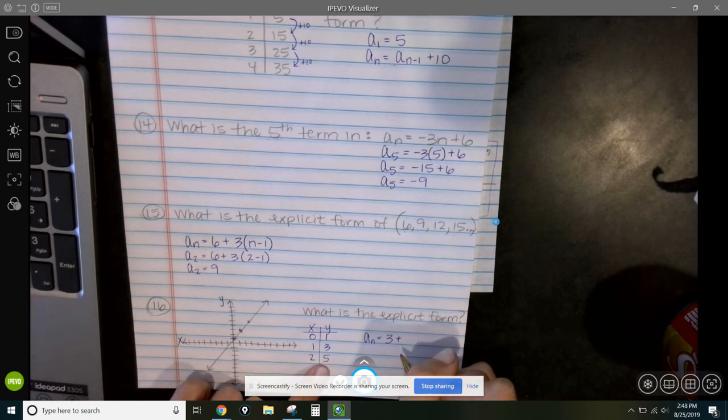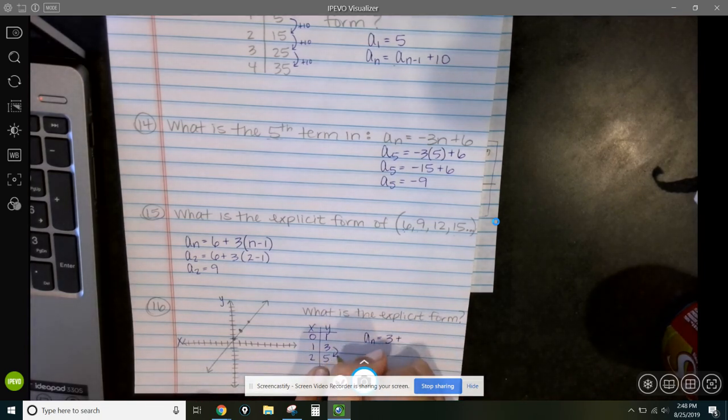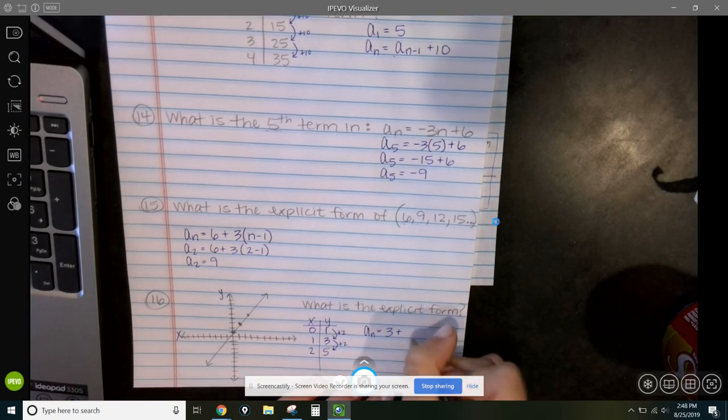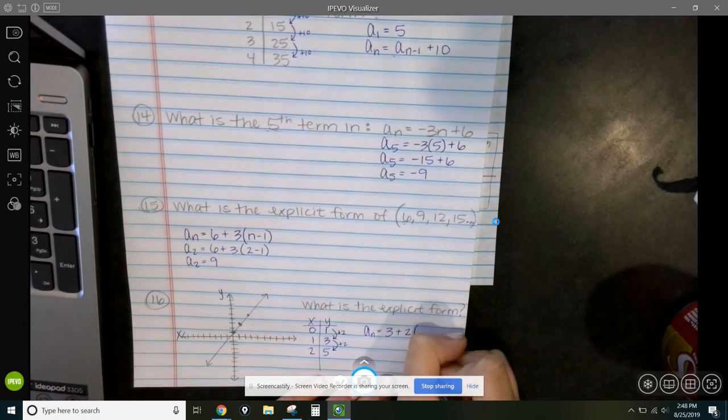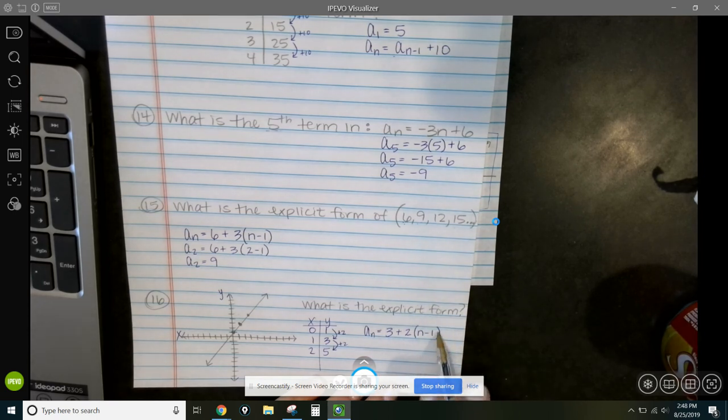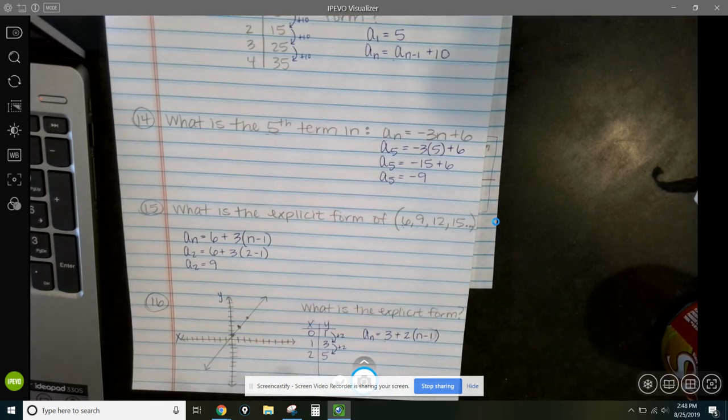And then you can see that I was adding 2 every time. I'm always adding 2 to my previous number. So I'm going to have a plus 2. And remember, I'm adding 2 to the previous number. So that's where the n minus 1 comes in. N minus 1 means the previous number. So I started with 3, and I'm adding 2 to the previous number. So that's my explicit form there.